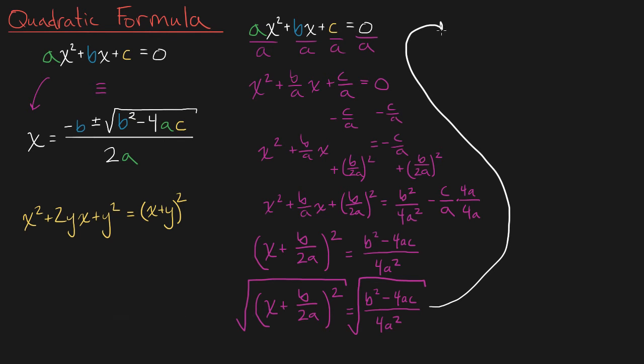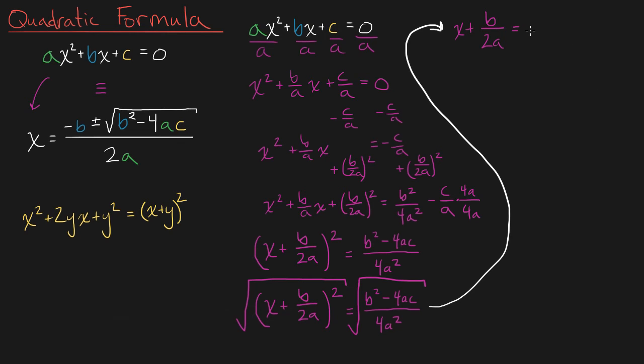So I'm going to have this white arrow here to show the next step. So as I said, x plus b over 2a squared. The square root of that is x plus b over 2a. And that is equal to, on the right-hand side, I can think of this square root operator as applying individually to the numerator and the denominator.